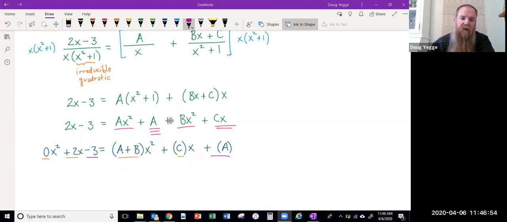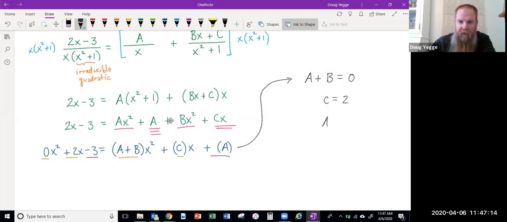Cool. So let's write these out and see what that implies. a plus b is equal to 0, so we don't have enough yet to go on that. But what's nice about the other ones is we already know that c is equal to 2, and we also know that a is equal to -3. So if I know that a plus b is equal to 0, that must mean from this one right here that -3 plus b is equal to 0, which means that b is equal to 3.